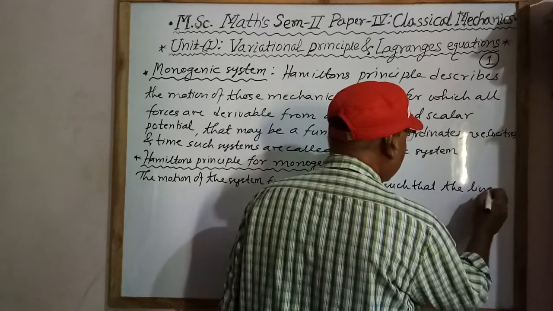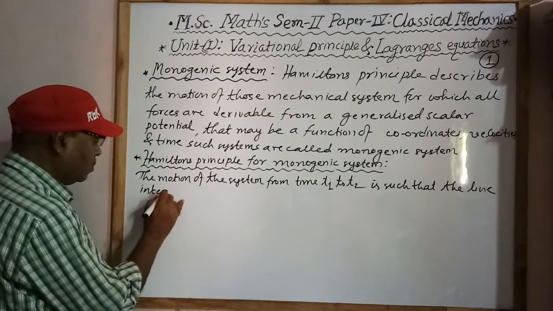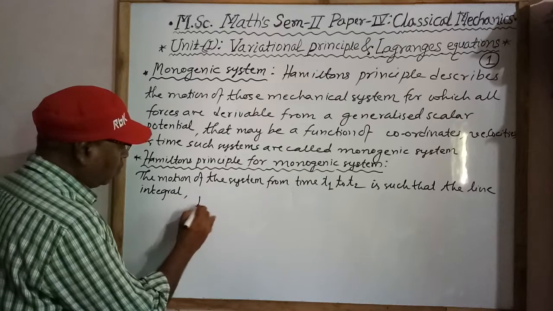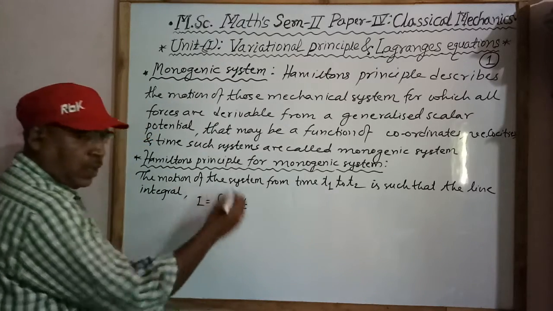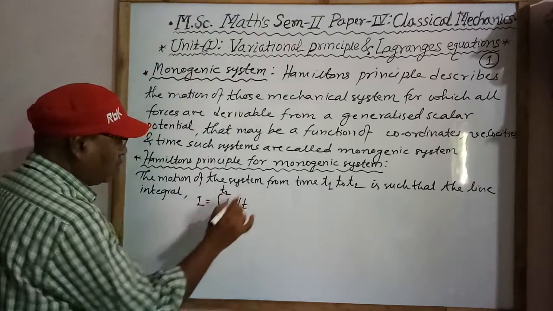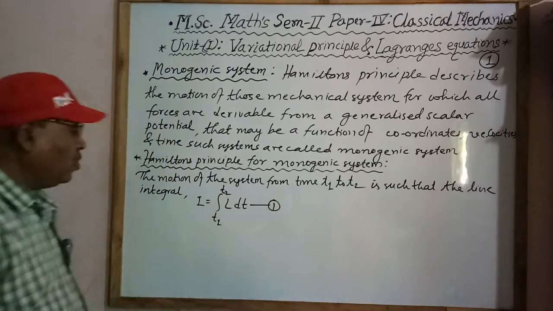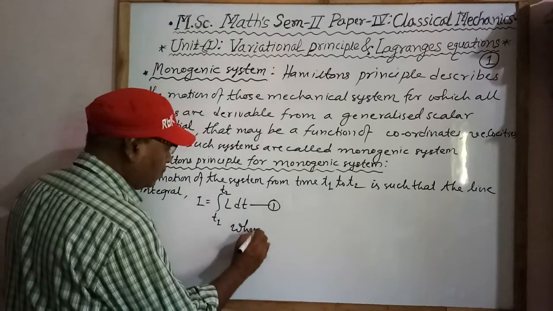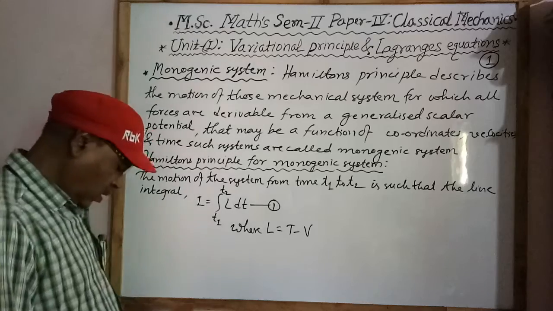the line integral given by I equal to integration L dt, where L is the Lagrangian, integration from time t1 to time t2, where you know that L is the Lagrangian, L equal to T minus V, kinetic energy minus potential energy.